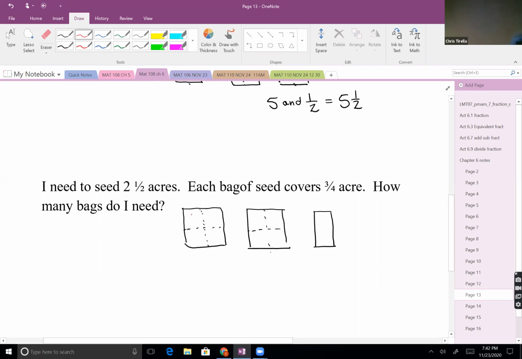So here, this would be 1 bag, 3/4. Then this combined with this would be another bag, 3/4. So that's 1 bag. These would make a second bag. And then let's see, these two with half of this would make a third bag.